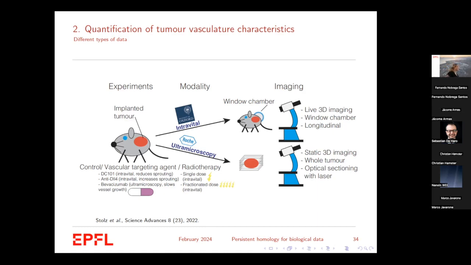Just to make the parallel with the math, what is your expectation given your definition? So when this H0, H1, H2 grows, the tumor is worse or better. So what's your expectation? For the tortuosity and the loops, because these are measures of abnormality, I would expect with the vascular targeting agents that increase abnormality to see an increase in tortuosity and an increase in the number of loops.